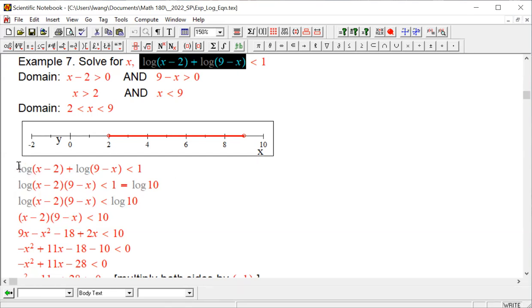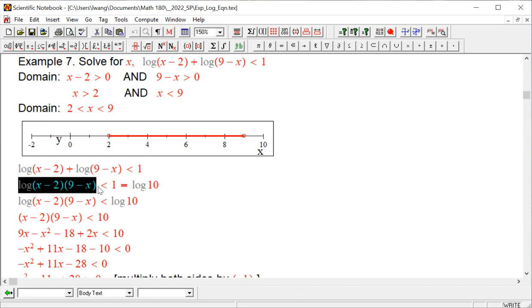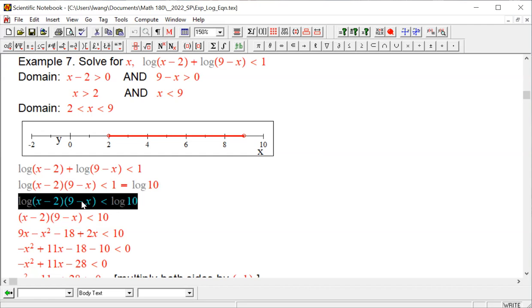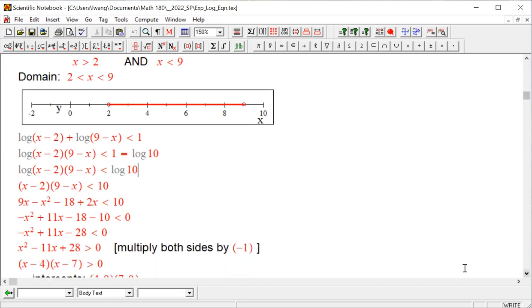Okay, so then we go about solving this inequality. And we use the product rule, and 1 equals log 10. So we look at these two, left-hand side, right-hand side, the output of one is less than the other, therefore the input of one is less than the other, because the log function is an increasing function, we use that property.